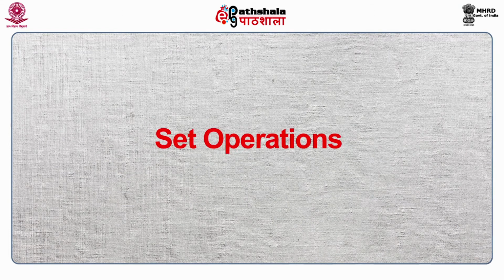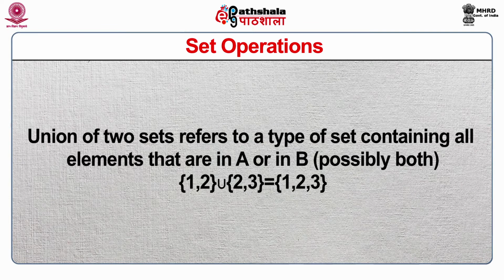Now, the set operations. First, the union of two sets refers to a type of set containing all elements that are in A or in B or possibly both. For example, within curly brackets 1, 2 union another set 2, 3 is equal to within brackets 1, 2 and 3.